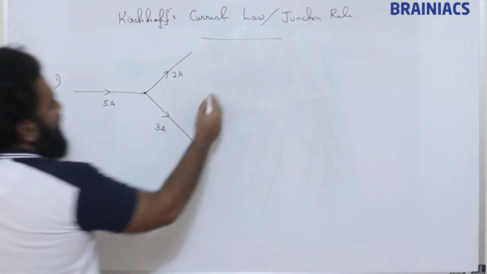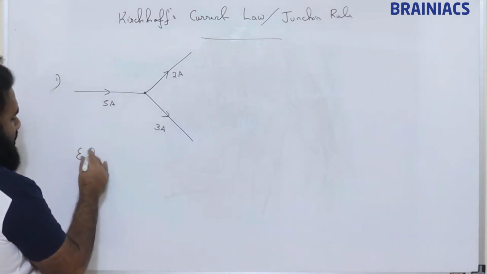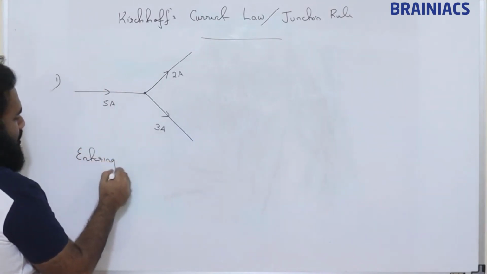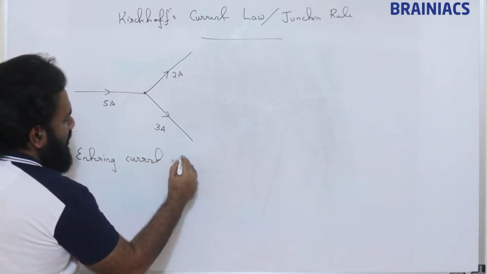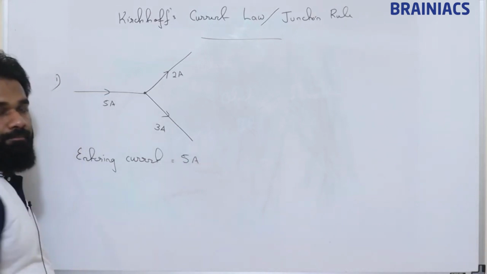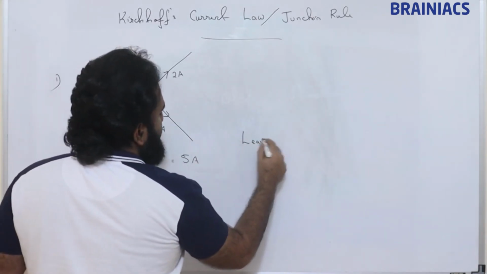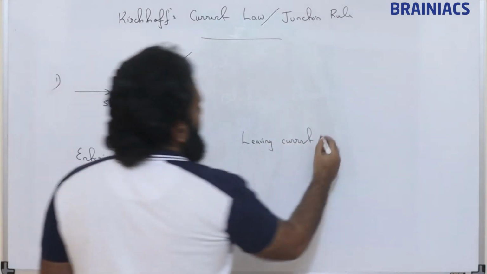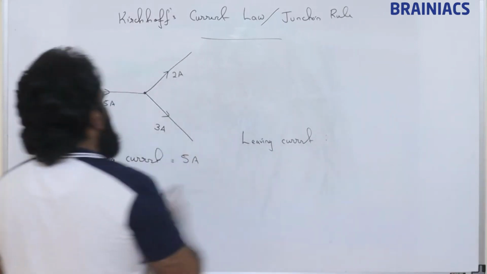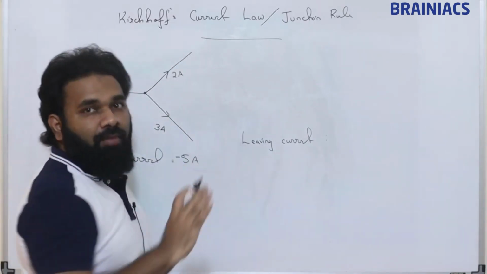So we will say entering current is equal to 5 ampere. Leaving current, suppose we put this as minus 5 ampere for entering current, you can take it in any way.